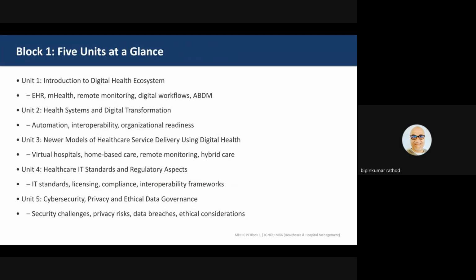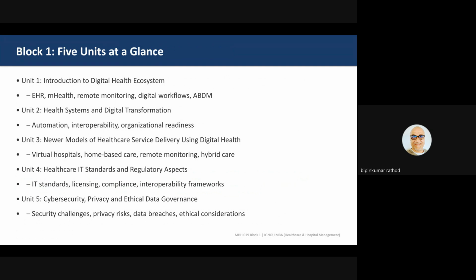So in block 1, we have 5 units in total. This is in front of you at a glance. Unit 1 deals with the overall digital health ecosystem, which consists of EHR, electronic health record, clinical and digital workflow.